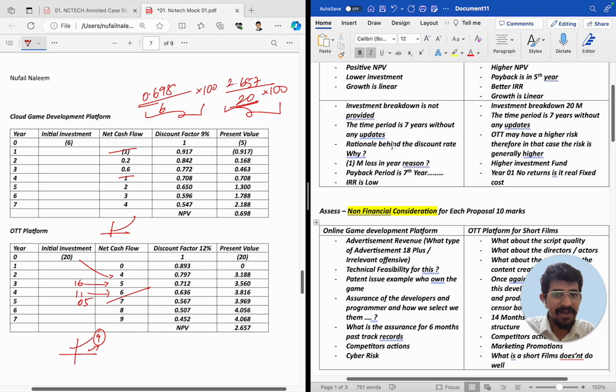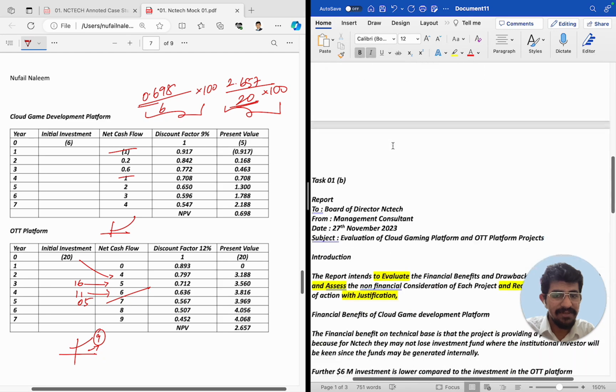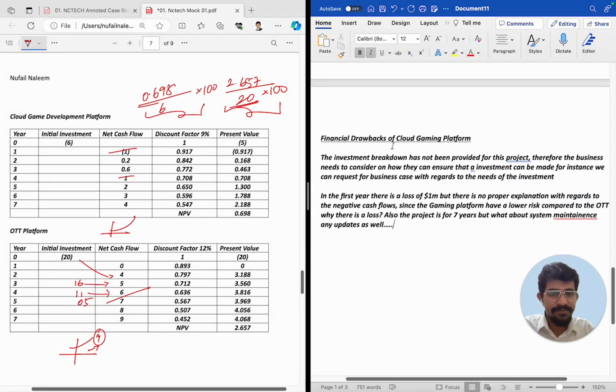And then, students, I also have to say the next one, the discount rate. The discount rate is 9%. Where is the rationale for the derivation, such as the cost of capital for funding?